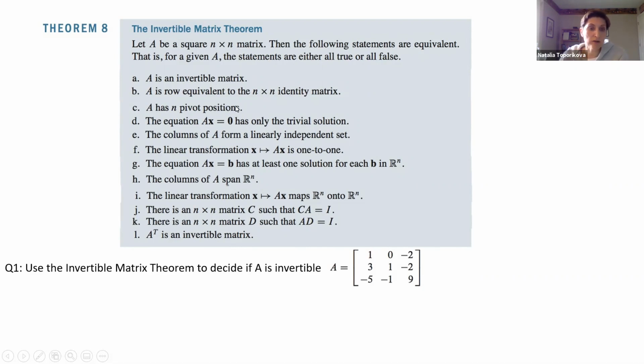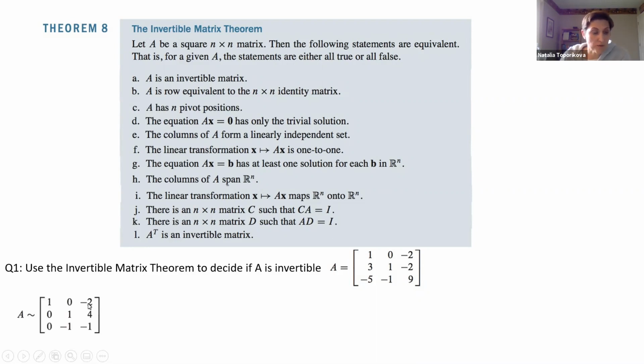I personally try to find the easiest way to do things. So let's see, which one is the easiest and takes the least calculations? I would go for C: A has n pivot positions. It's easy to reduce the matrix to echelon form and just calculate how many pivot positions it has.